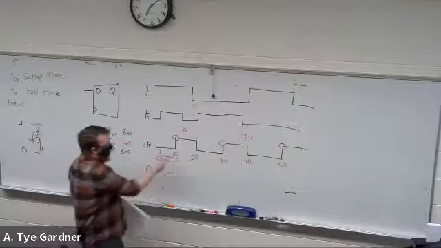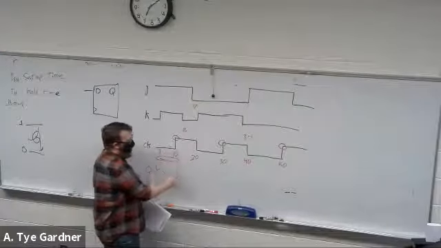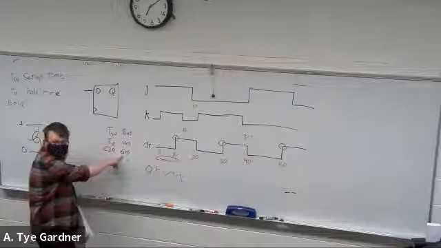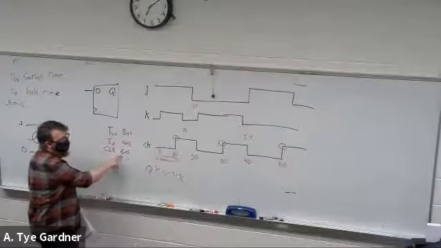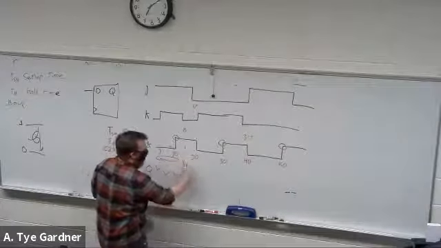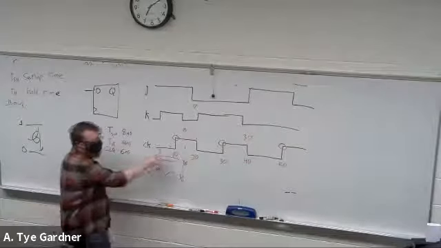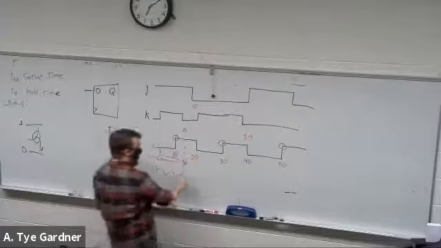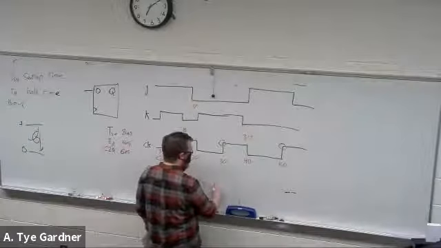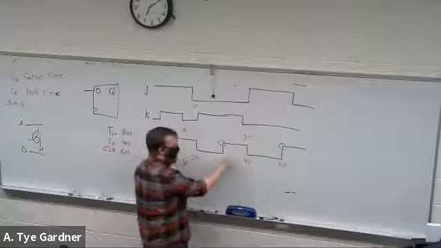So at first, I don't know. But then this clock happens, and I still don't know for 6 nanoseconds. That's what the clock to Q says, is I don't know until 16 nanoseconds. But because I didn't meet the setup, I still don't know. And I can't know until 6 nanoseconds after this rising edge.